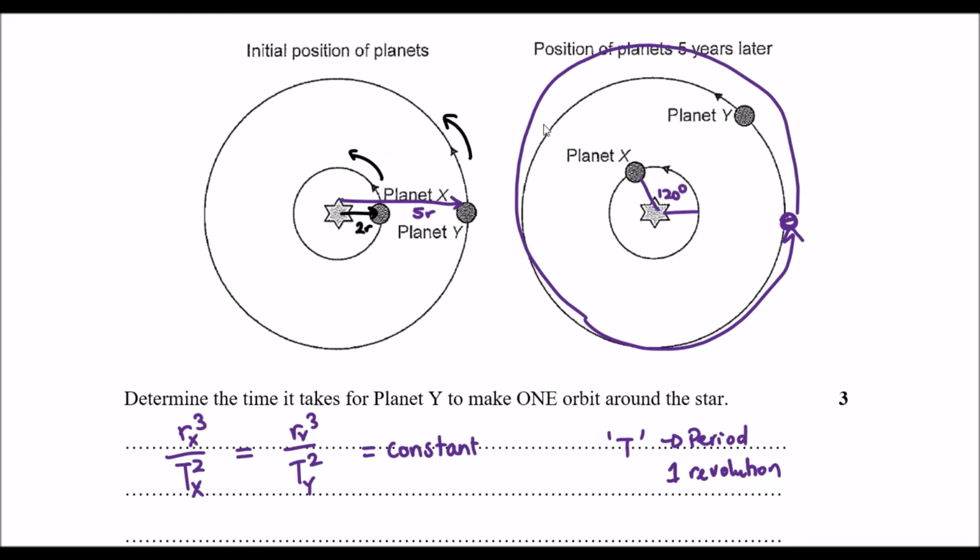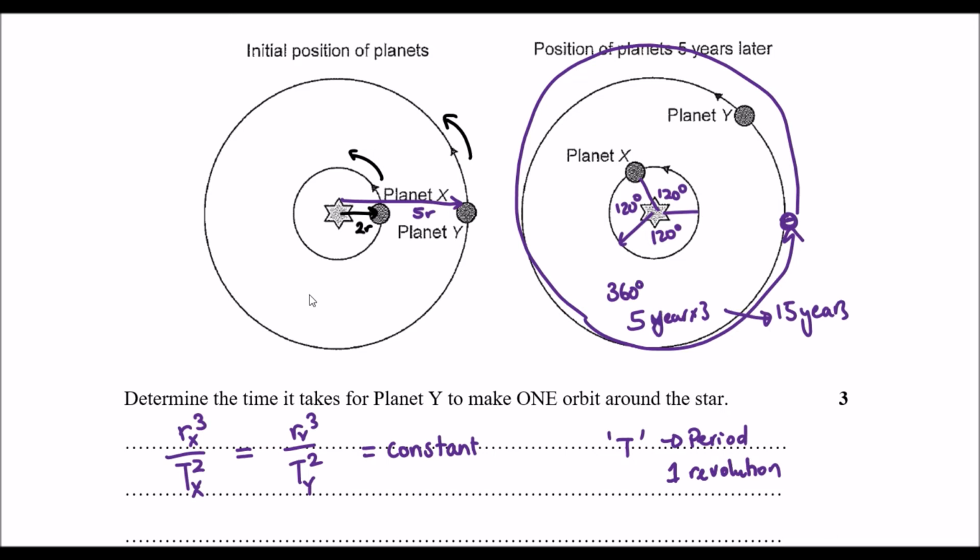So there are two ways you can go about working out the value. I know that a whole circle is 360 degrees, and so there are 3 components of 120 degrees to make a whole circle. So if I multiply 5 years by 3, that implies it takes planet X 15 years to make one full rotation.